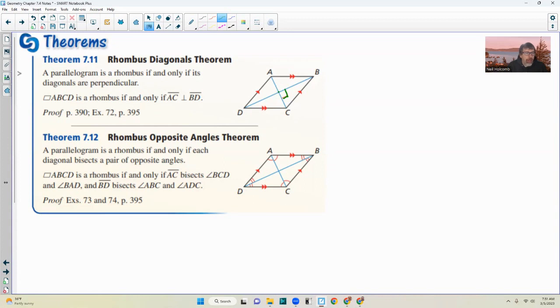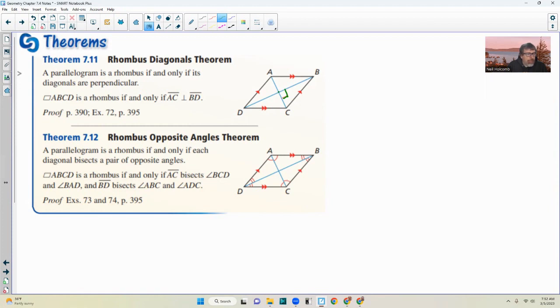Okay. Rhombus opposite angles theorem says a parallelogram is a rhombus if and only if each diagonal bisects a pair of opposite angles. So if I draw the diagonal BD, it is going to cut angle D into two congruent pieces and angle B into two congruent pieces. Draw diagonal AC, and then angle DCA is congruent to BCA, and angle DAC is congruent to angle BAC.